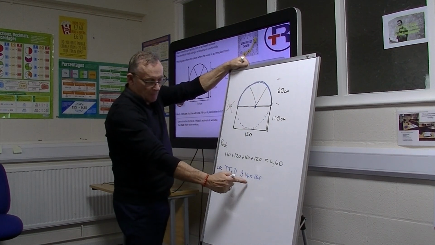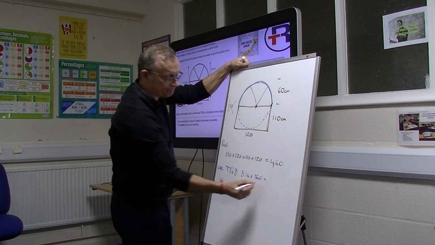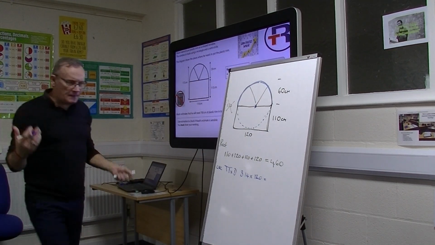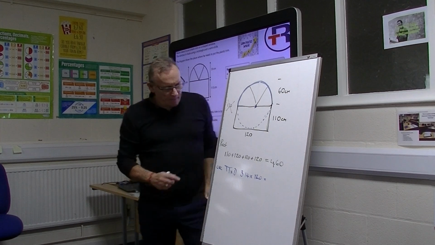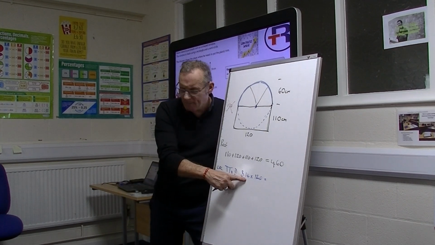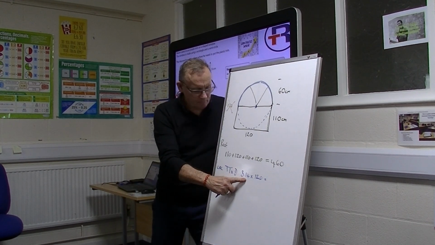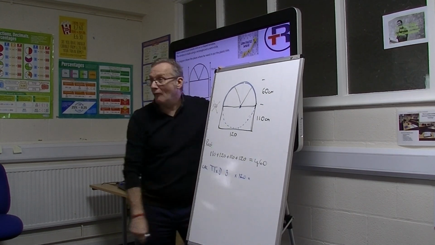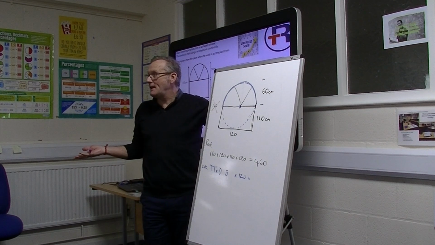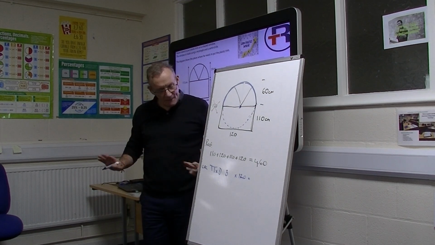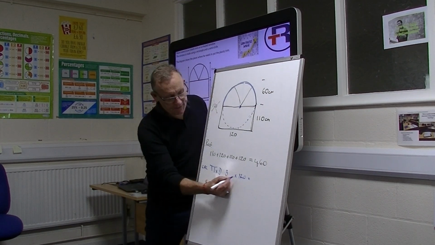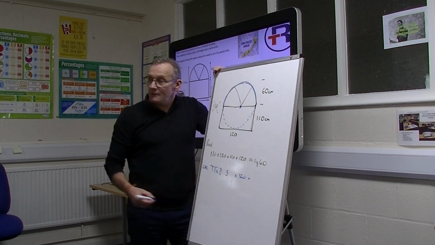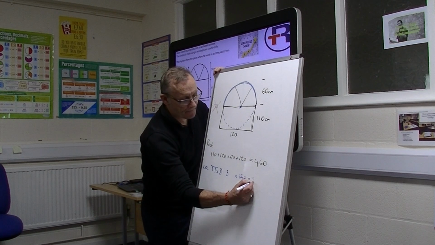So we've got 3.14 times 120. It's non-calculator. It's an estimation. How can we make this 3.14 a bit easier? Let's get rid of the 0.14. Just make it 3. We're estimating. Doesn't have to be exact. 3 times 120. Well, that's quite straightforward, isn't it? 3 times 12 is 36.